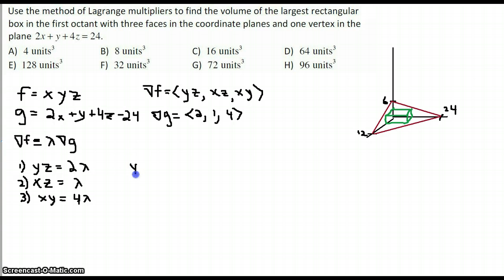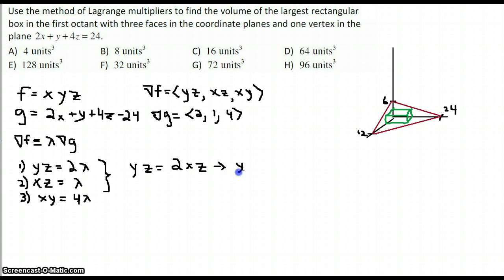We have these first 2 combined. Say that yz is twice xz. It's tempting to cancel the z's out, but we want to be careful with that.